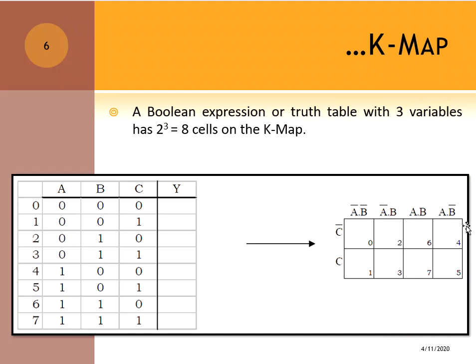That is if we consider horizontally. If we consider vertically, it will start with C bar followed by C. And then, similarly, we have small numbers here.